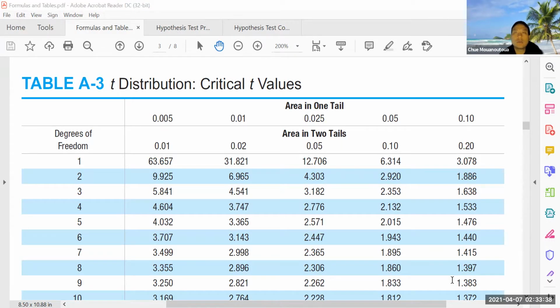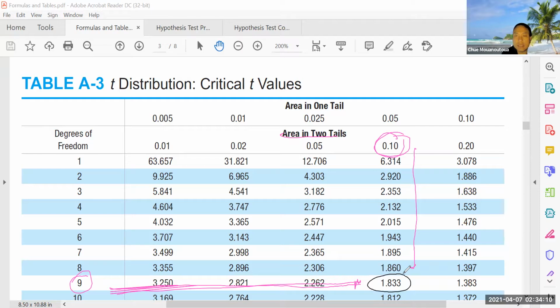So there we go. Area in two-tail, 0.10 right there. And then I look for the df of 9. So right here, 9. We're going to go straight to the right from the 9, go straight down from the point 10. There we go.